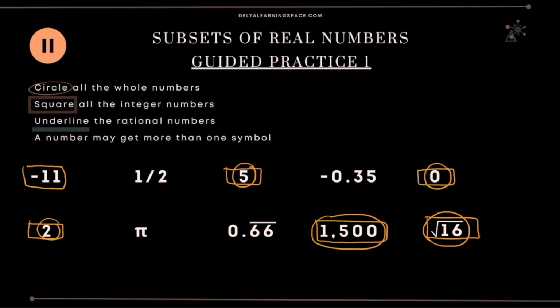Lastly, we will underline the rational numbers. Again, because we had this nesting pattern, anything that already has a symbol should now also get an underline.